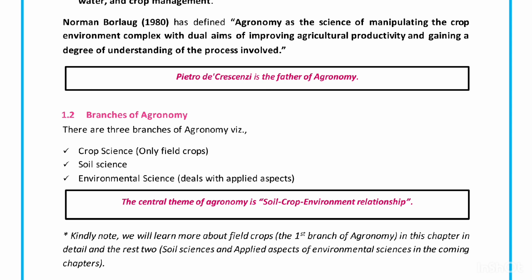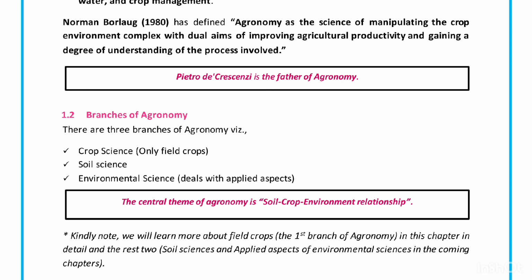The third thing says that it deals with field management. Again, the definition of agronomy is field crops and their management. For producing good crops, for having good yield and a good outcome from a particular field, we should manage these crops properly.